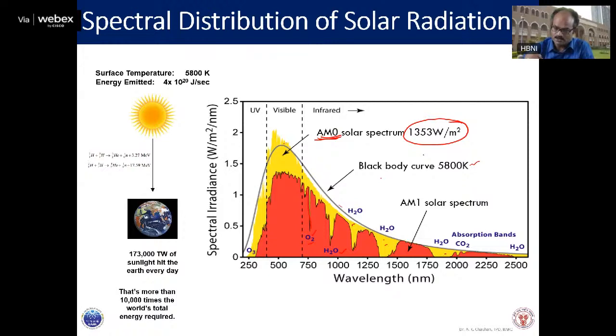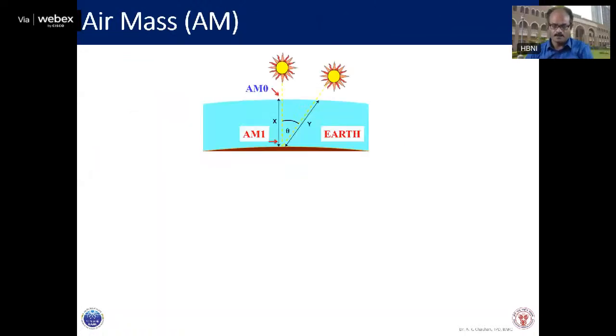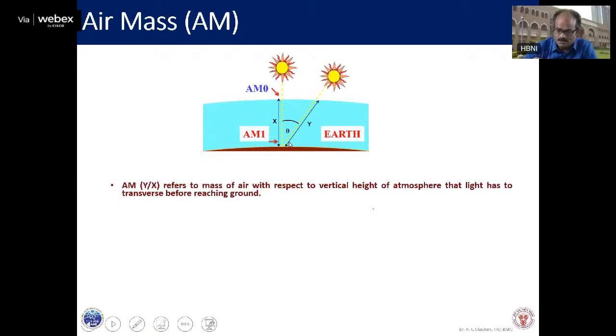The next number is the value of how much atmosphere the radiation has crossed before it has reached that point where you are defining. So this air mass is defined like this. Suppose this is Earth and this is Sun here.